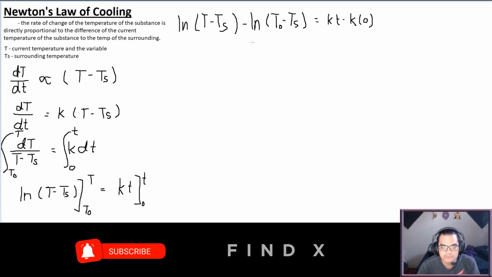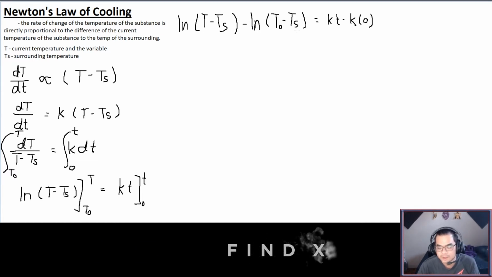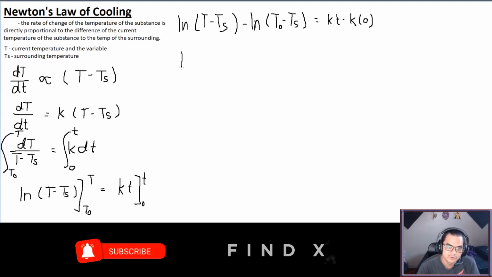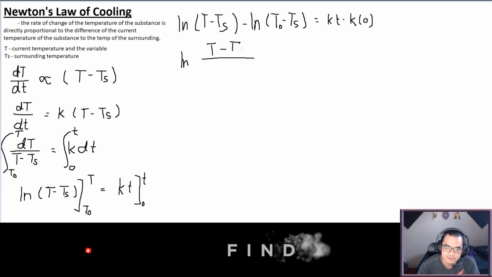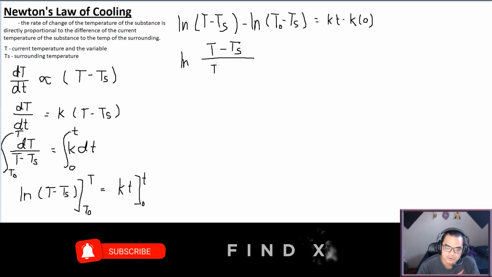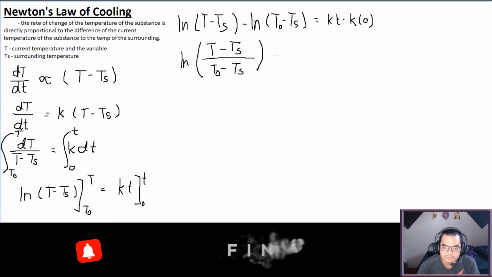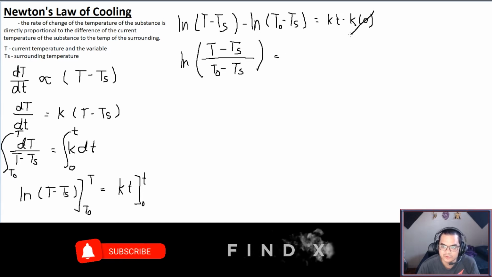Okay, now for the first one, ln T minus Ts minus ln T0 minus Ts, apply the properties of logarithms. So you will have here ln, it will be now divided. So T minus Ts all over T0 minus Ts. So this is equal to, of course, this will be 0, and you're left with kt.